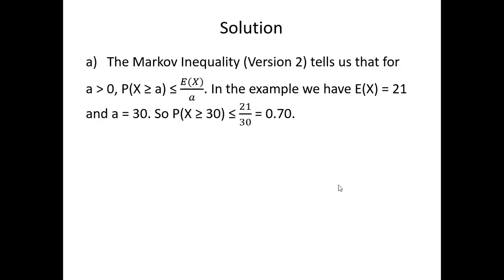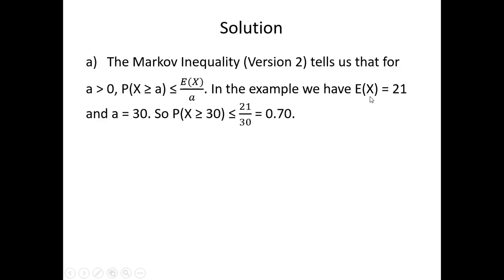So for part A, we need to use the Markov inequality, denoted in the book also as version 2, which tells us that for a given constant A that's positive, the probability X greater than or equal to A is less than or equal to the expectation of X over A. So in the example, we know that the average number of goals scored is 21.